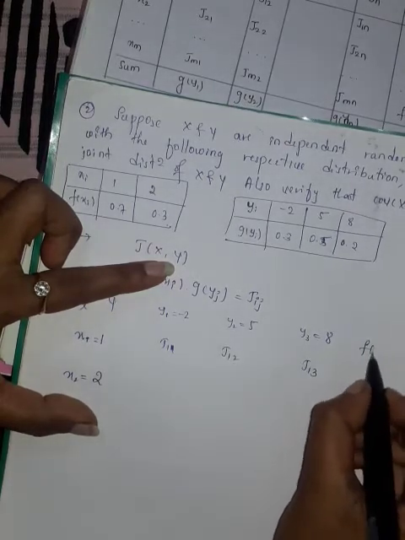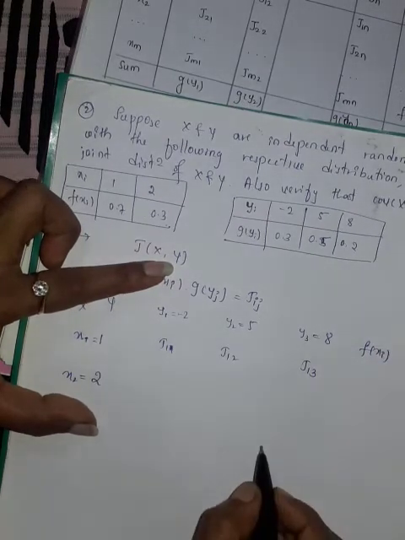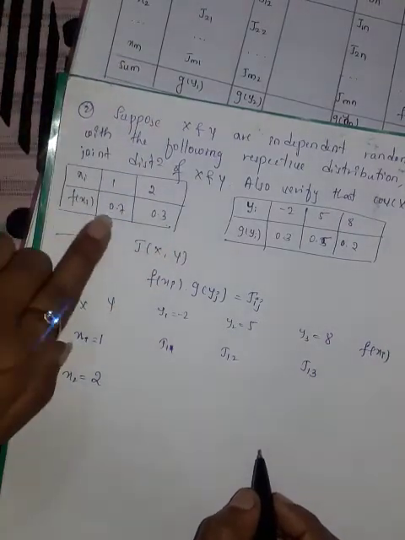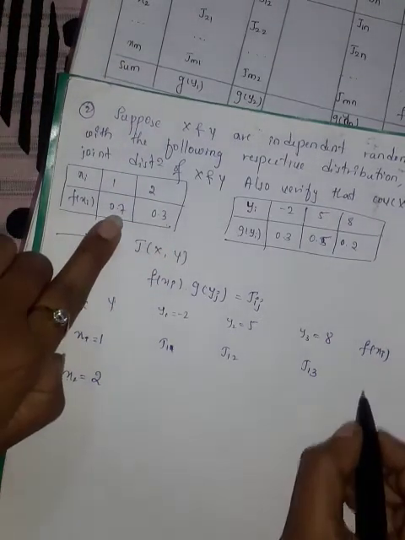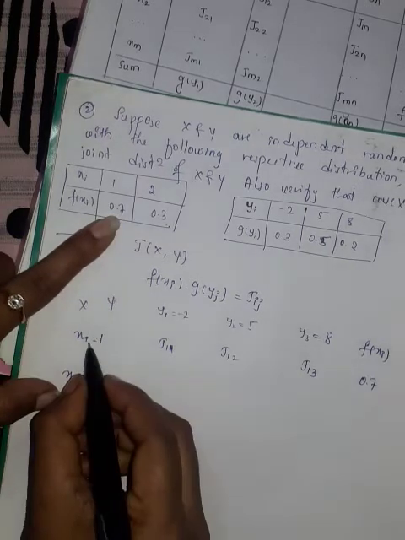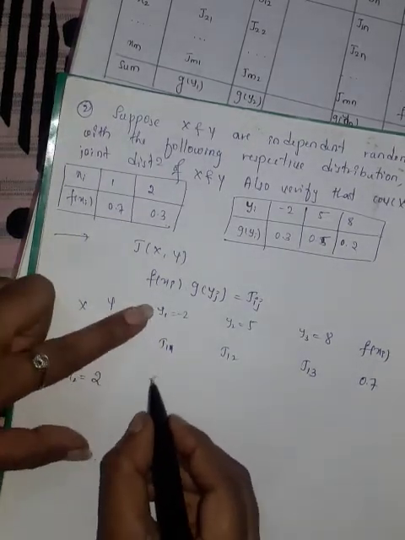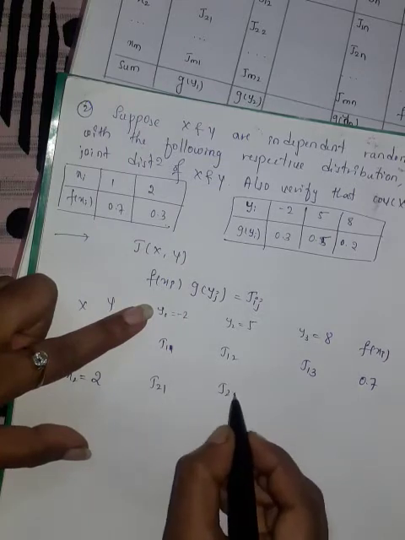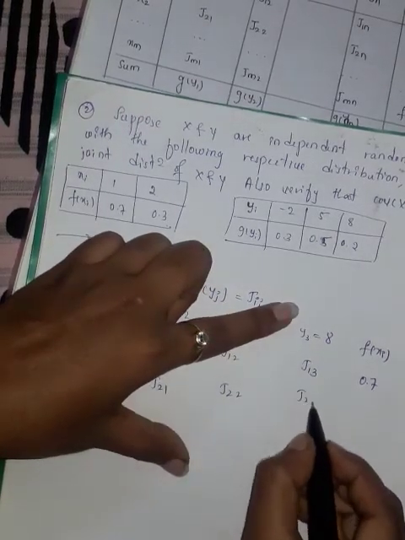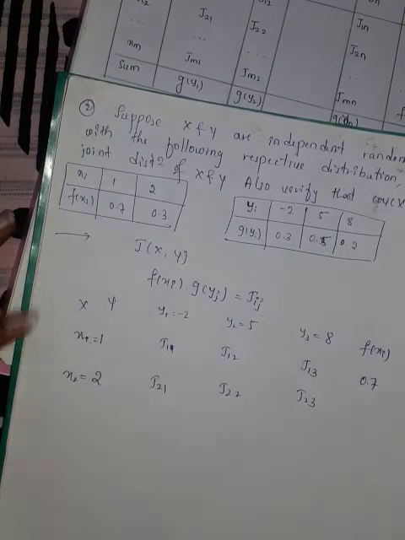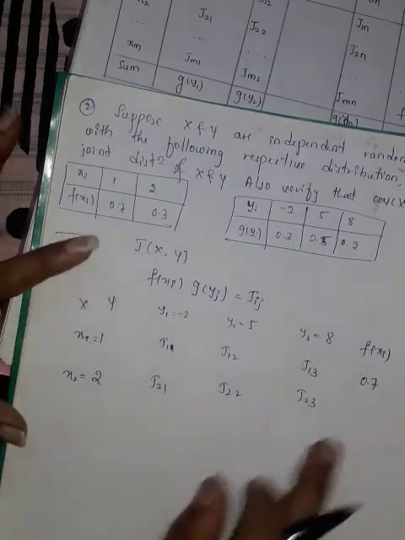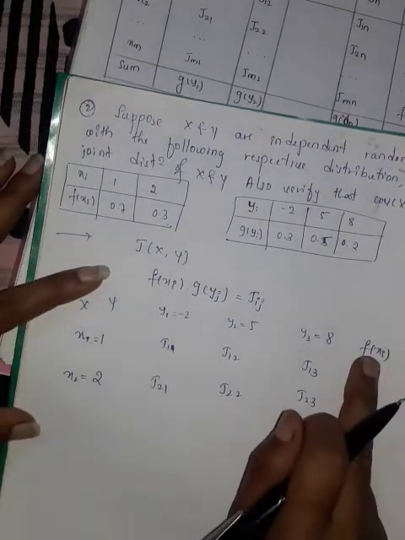So here is our f of xi. For x1 they gave 0.7. Next j21, j22, j23, because we have 3 y's here, and f of x2 is 0.3.